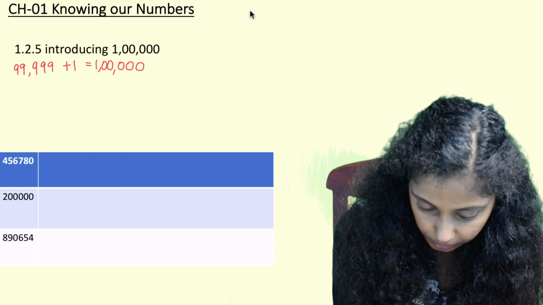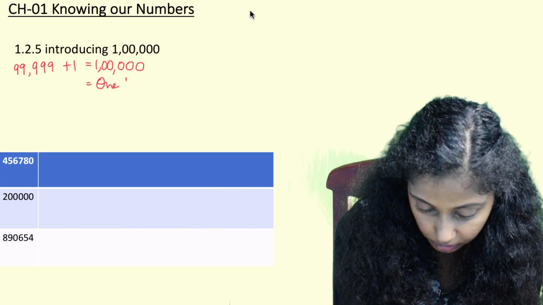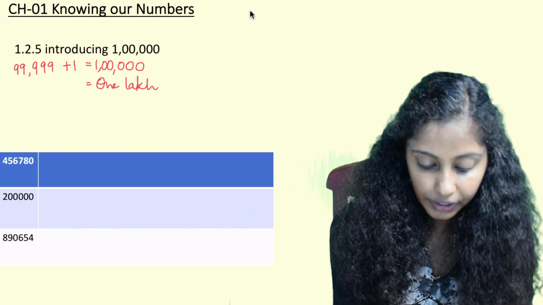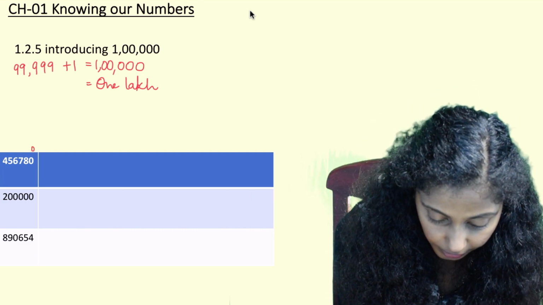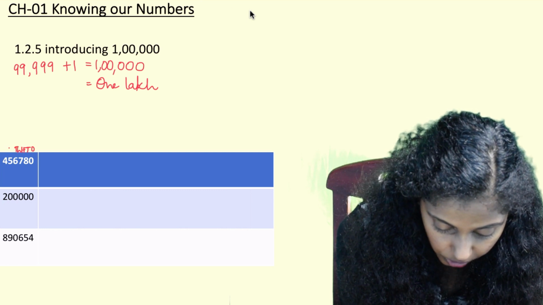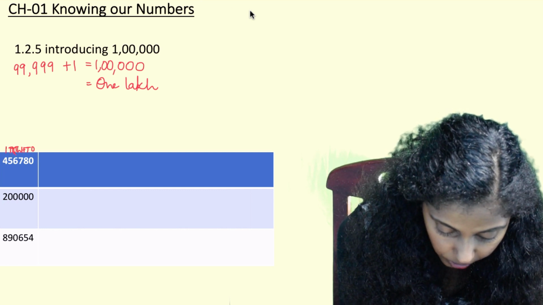So we write this in words as 1 lakh. So here again when we have to write the place value, we write ones, tens, hundreds, thousand, 10,000 and lakh.